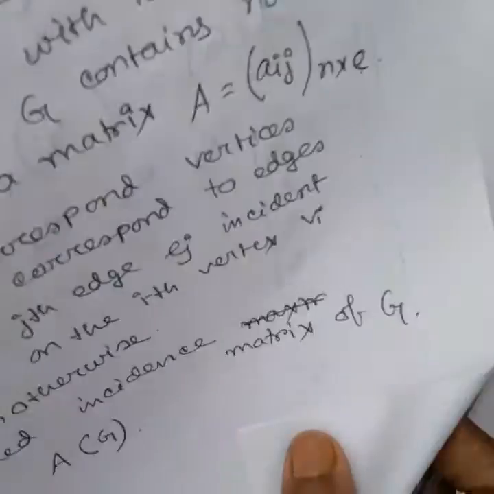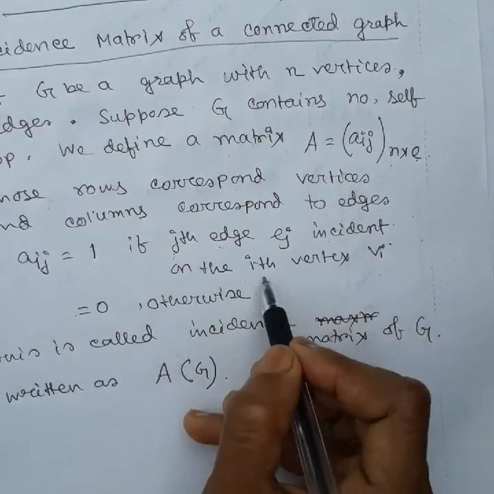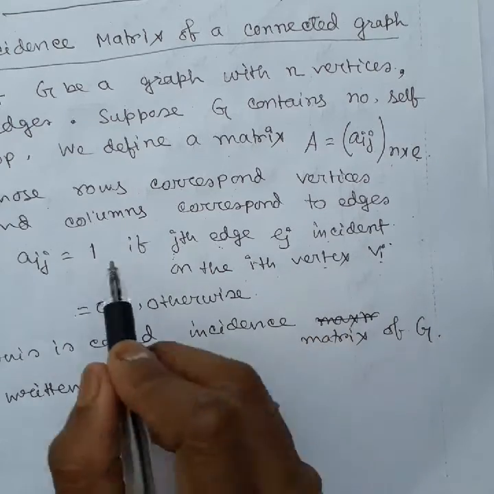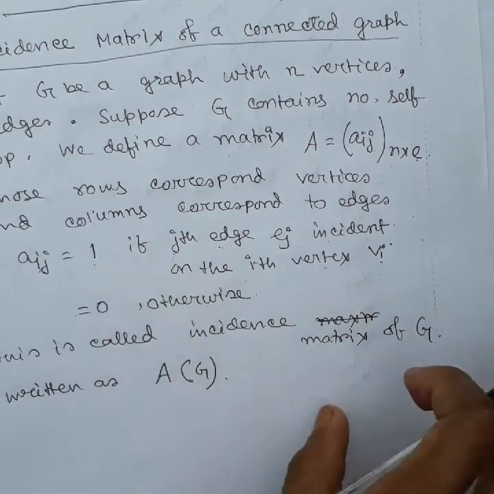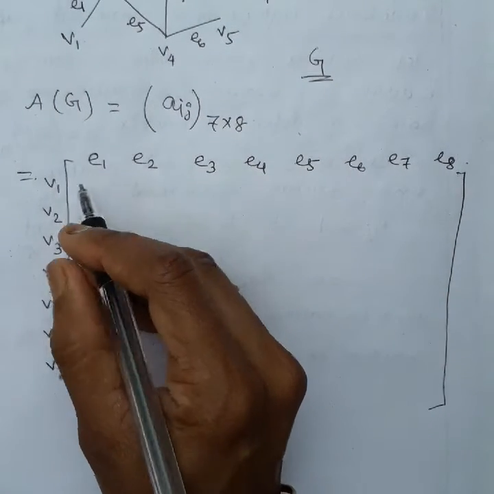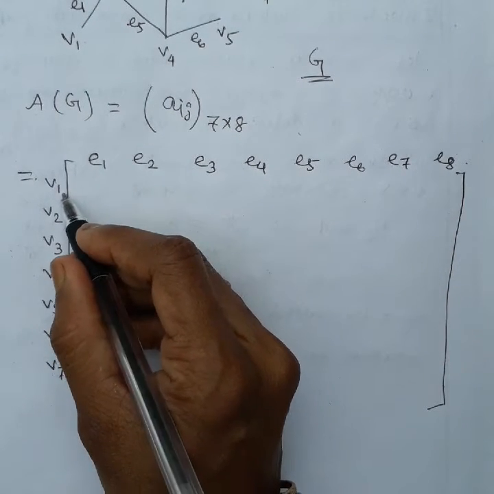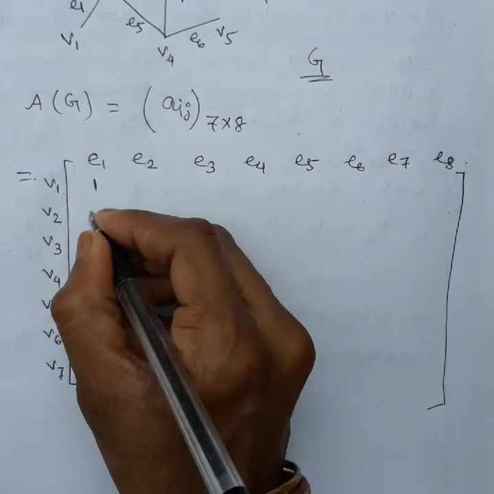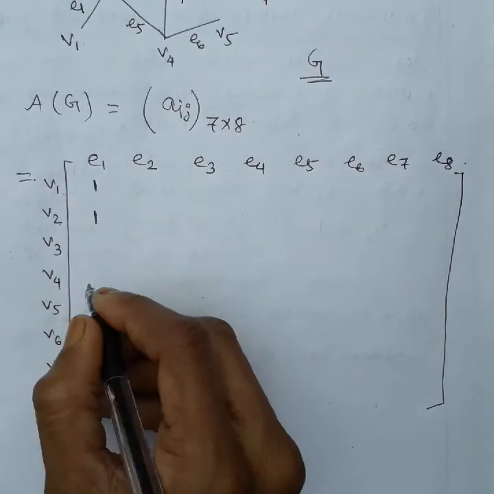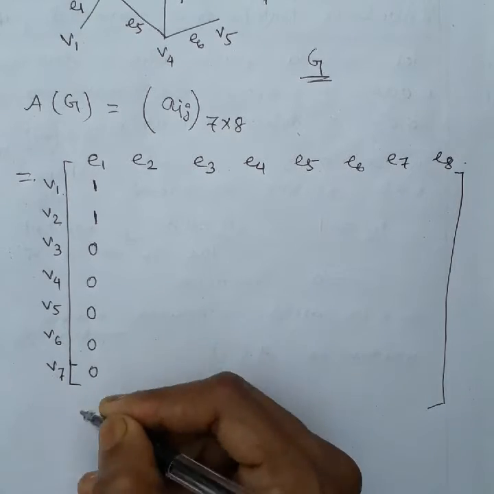As we wrote, if the jth edge Ej is incident on the ith vertex Vi, then Aij equals 1. That means E1 is incident to V1 and V2, so these two positions are 1 and other positions are 0.